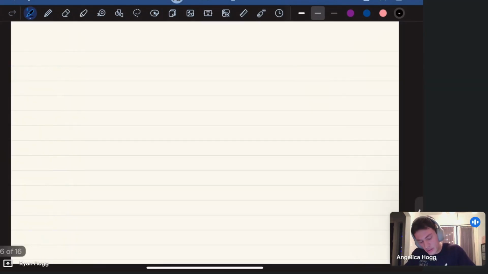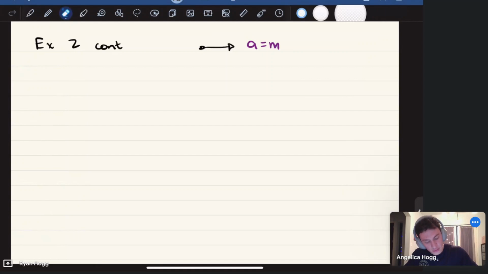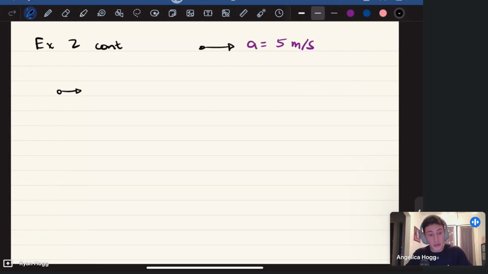I'm going to draw that out here. For that example, which is still example 2, continued, we have somebody whose acceleration is 5 meters per second squared. In that picture, he starts out covering just a little bit of distance because his speed is still slow. And then after 1 second, so this is 0 seconds, this is 1 second, he's going to cover a little bit more.